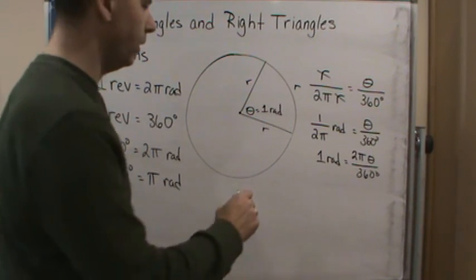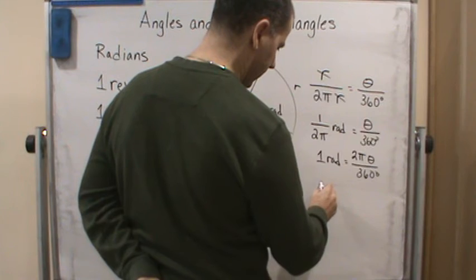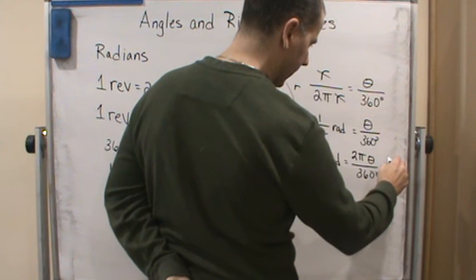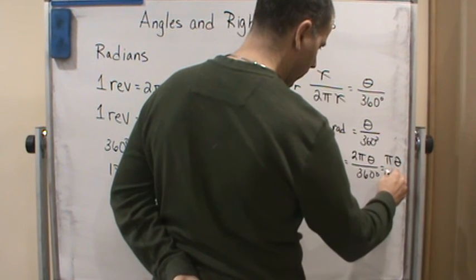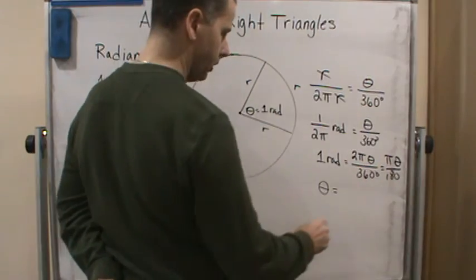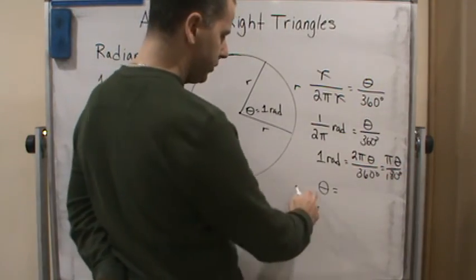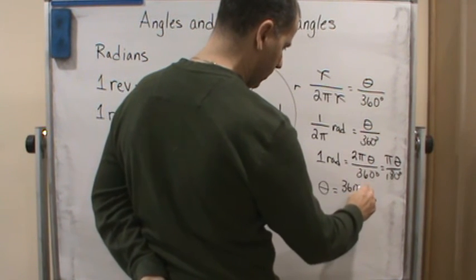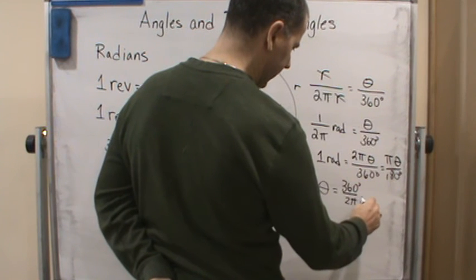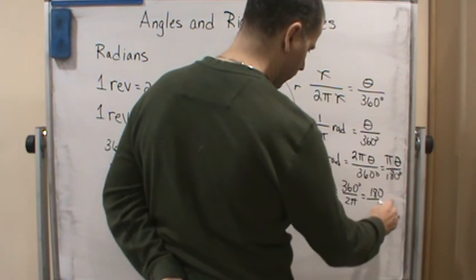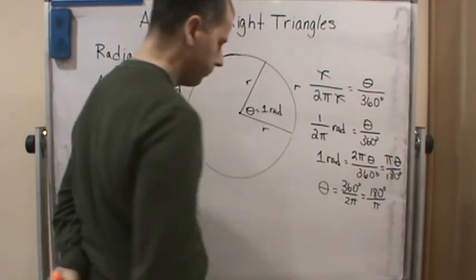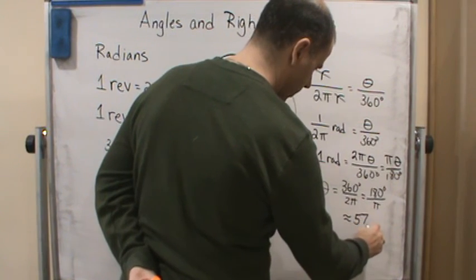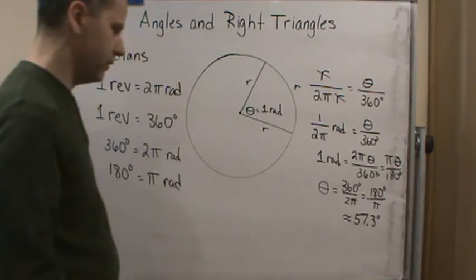I could do it that way, or by the way, this can also equal pi theta over 180 degrees. Or I can solve it for theta, and theta can be what? 360 degrees over 2 pi, or 180 over pi, which by the way is approximately equal to 57.3 degrees.